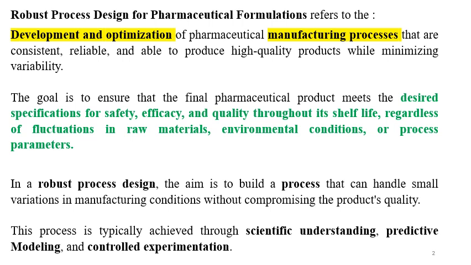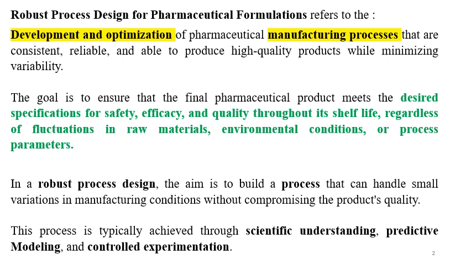Robust process design means designing such a manufacturing process for pharmaceutical formulations which can give you quality products. It is the development and optimization of pharmaceutical manufacturing processes which are robust, consistent, reliable, and which are able to produce high quality products, and which can minimize the variability in the product critical attributes.